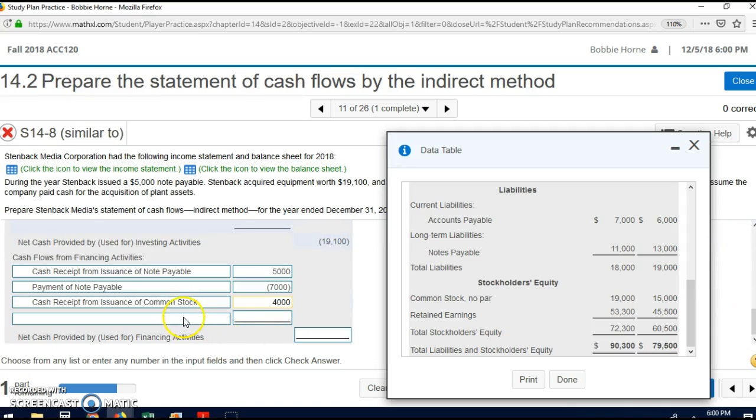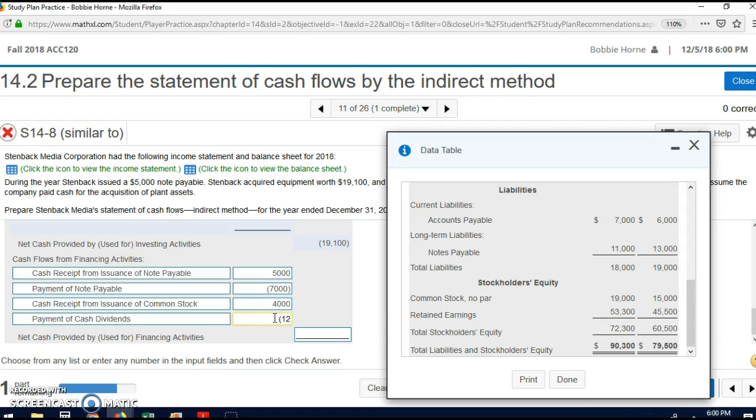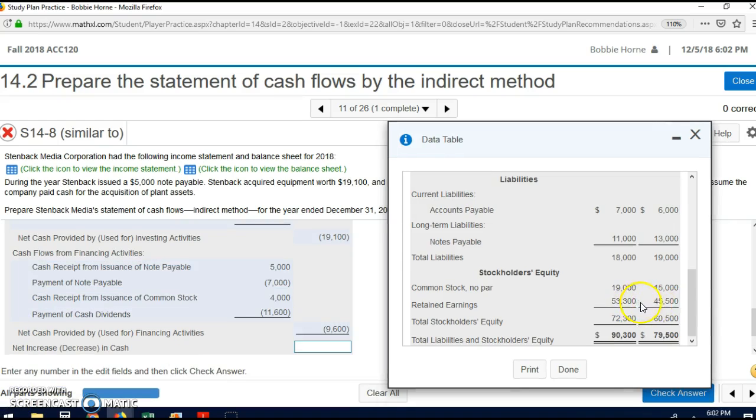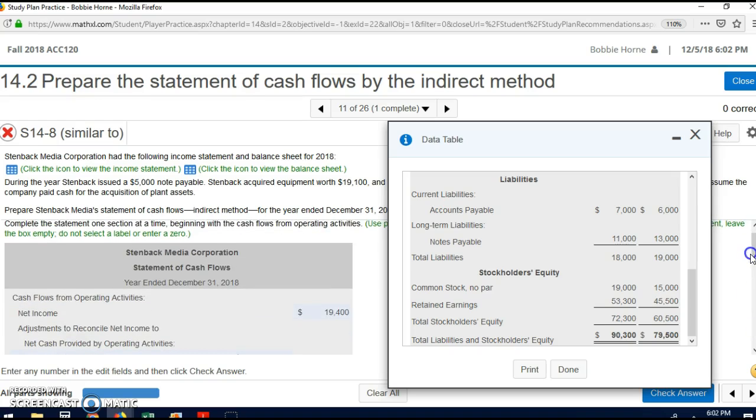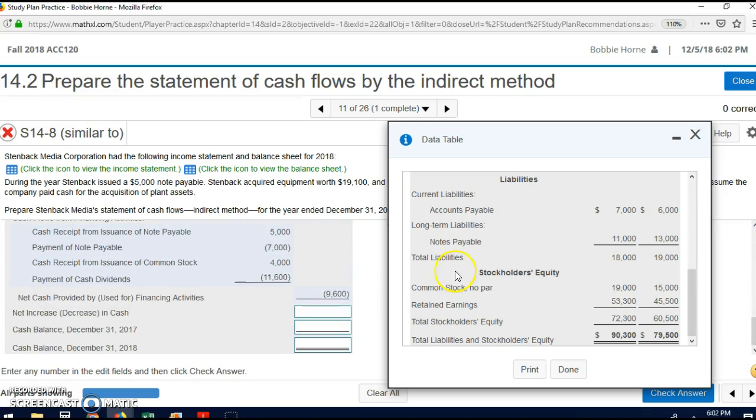So $12,600 is a payment of cash dividends, which is an outflow. Now we have to net those numbers. The change in retained earnings was $7,800, but if we didn't pay dividends, it would have been $19,400. So $19,400 minus the actual change of $7,800 would be $11,600.